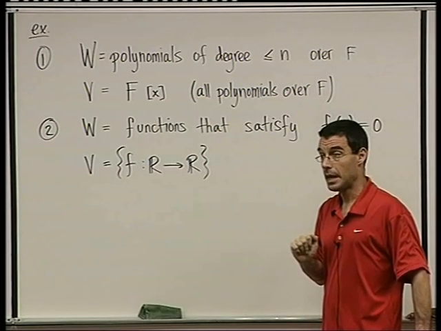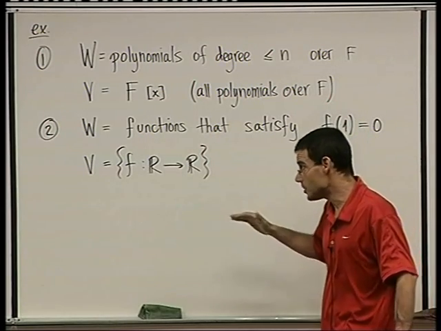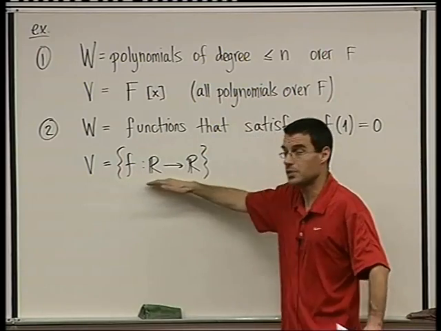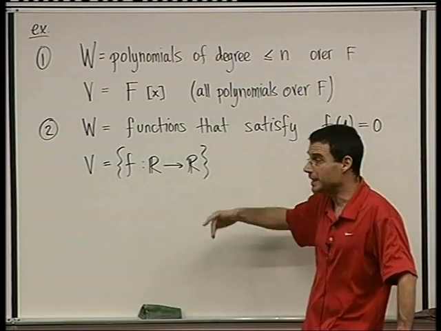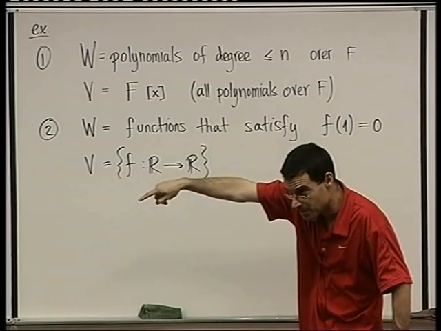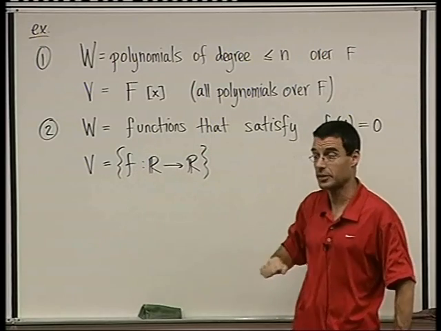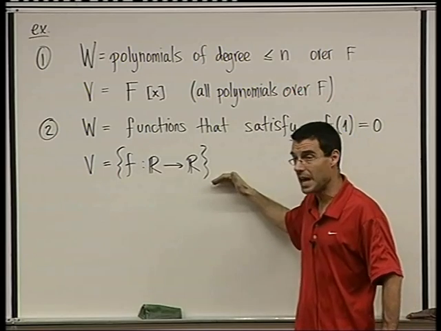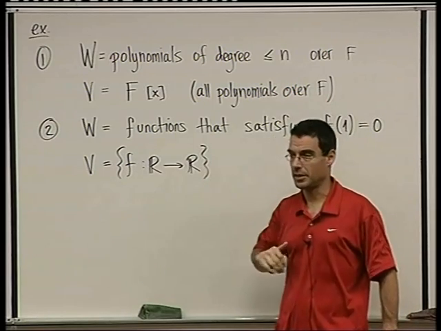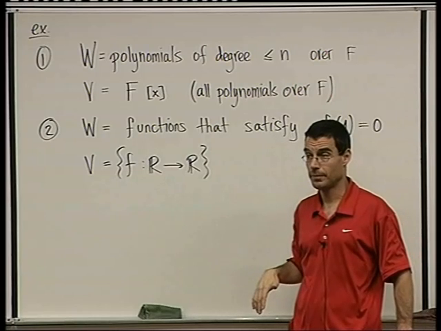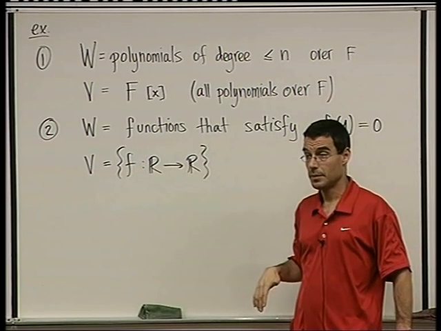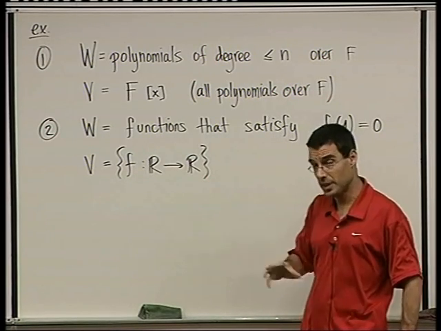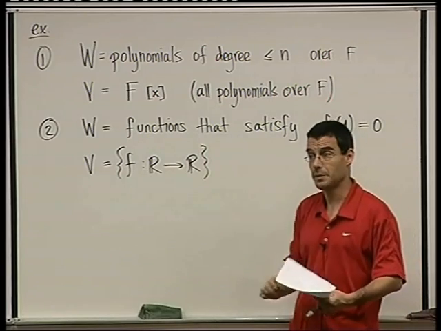Being a subset just means that it's some elements from here. And you want to verify that it satisfies the axioms of being a vector space. And what I'm saying is that some of the axioms are going to be satisfied automatically for free. You don't really need to check them. But some are not. We're going to say that more formally in a minute as a theorem.